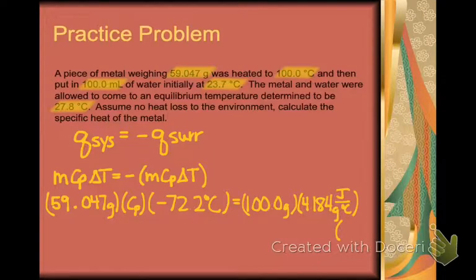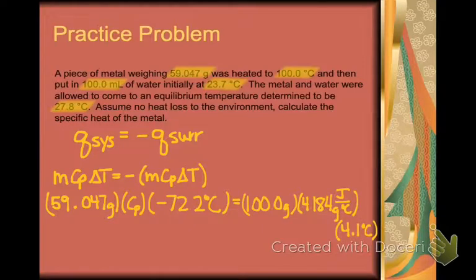And we're going to multiply by the delta T. In this case, the delta T, we're going to take 27.8 minus 23.7, final minus initial, and we get a temperature change of 4.1 degrees C. I have everything but the specific heat of the metal, and specific heat of the metal is what we're solving for.